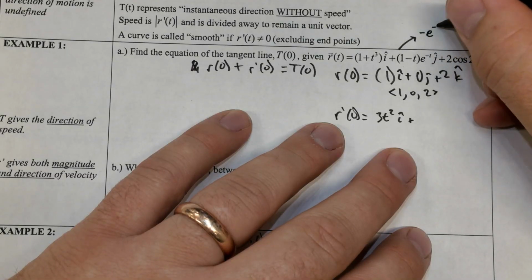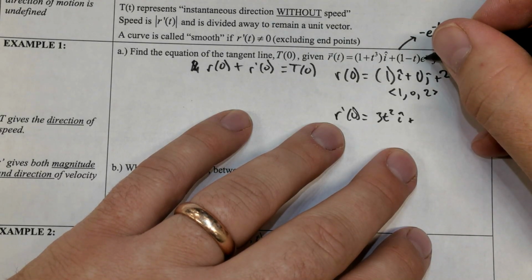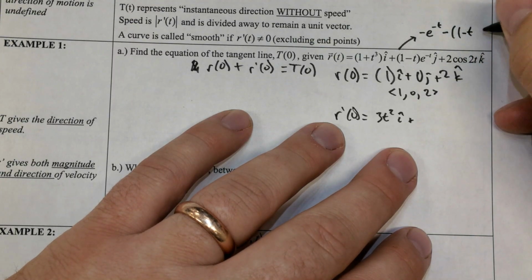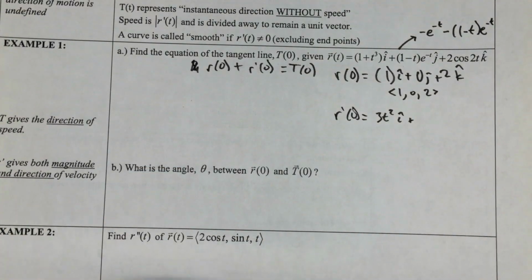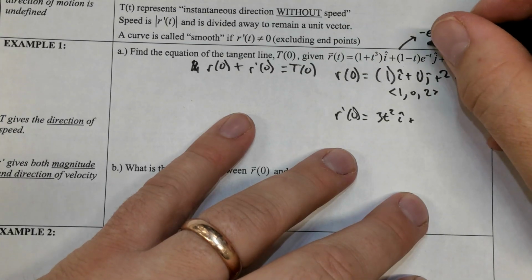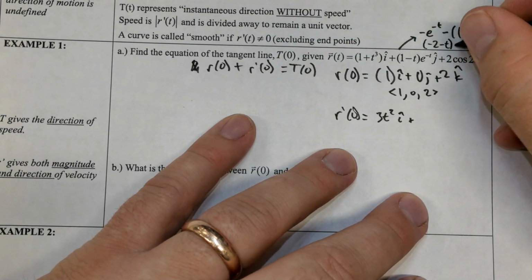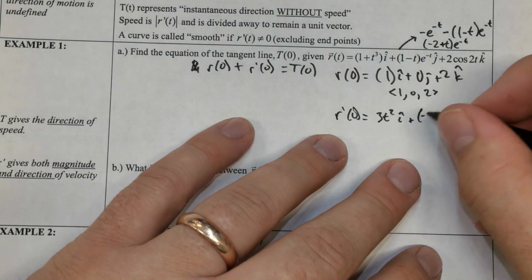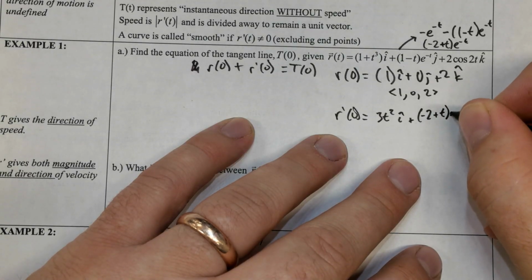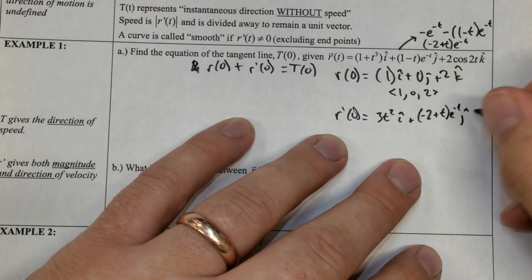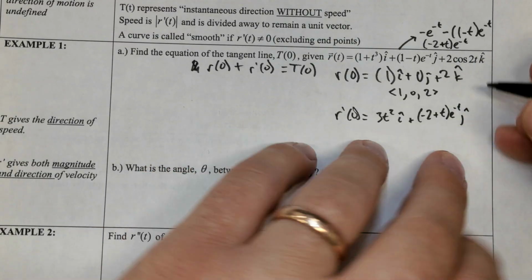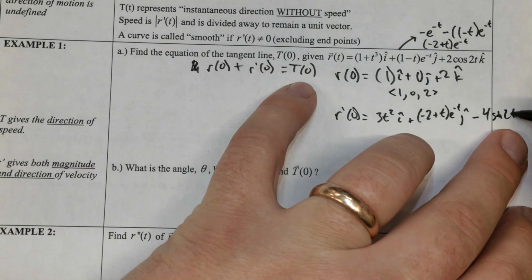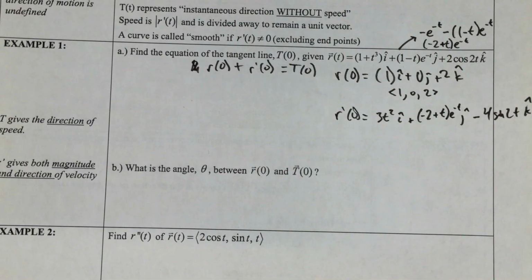So I'd have negative e to the negative t minus 1 minus t e to the negative t. A little bit messy there, but I would have negative 2 minus t plus t e to the negative t. Hopefully you saw that product rule in action, just saving us a few steps. And then that 2 cos 2t would turn into negative 4 sine 2t k.